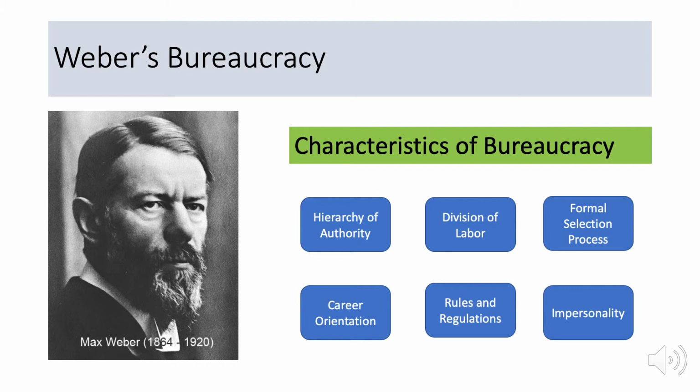Management is separated from ownership, and managers are career employees. Protection from arbitrary dismissal is guaranteed. We also have rules and regulations. Rules and regulations are documented to ensure reliable and predictable behavior. Managers must depend on formal organizational rules and employee relations. And then we have impersonality. Rules are applied uniformly to everyone. There is no favoritism.